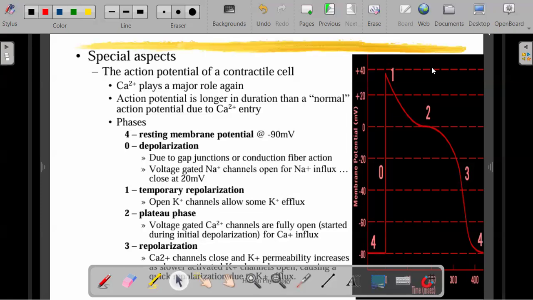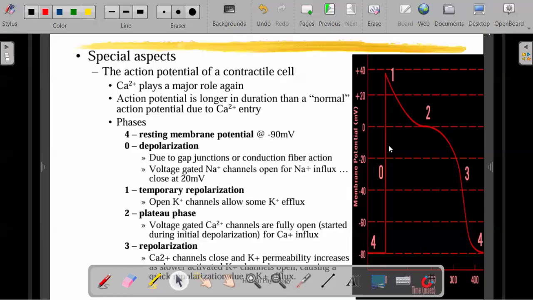Positive sodium ions start going into the cell. This brings the cell into a state of depolarization because of the sodium that is rapidly entering the cell. The membrane potential becomes more positive. From about negative 90, it heads to positive 20 millivolts. This results in a sudden rise in the action potential.